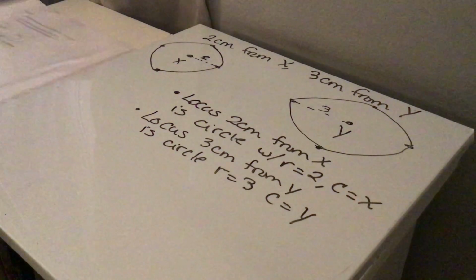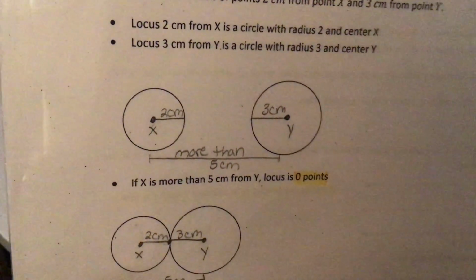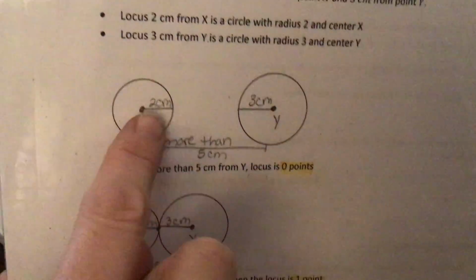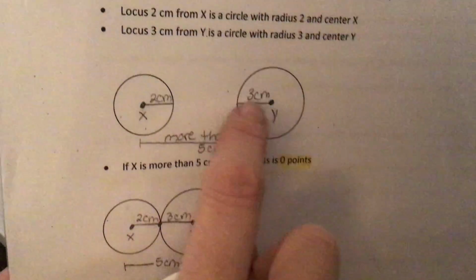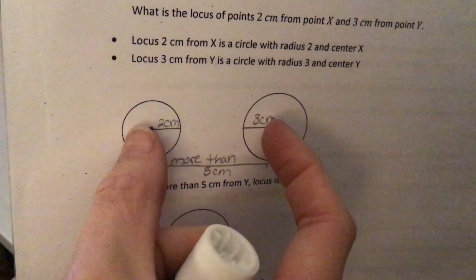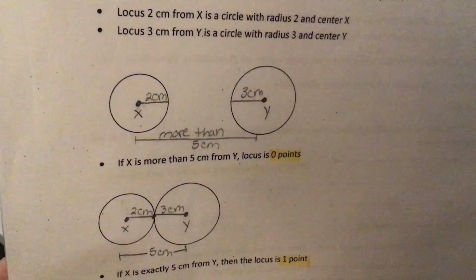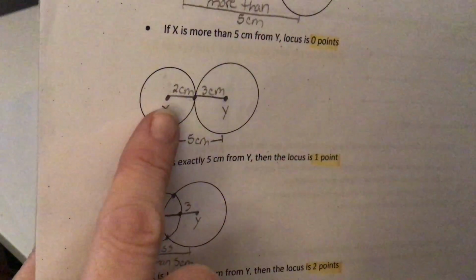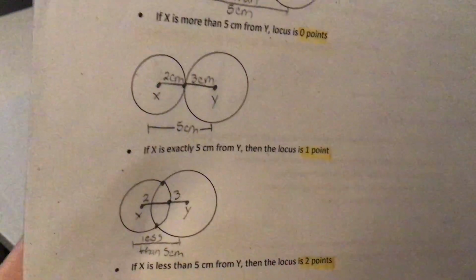So when you look at your notes, if X and Y are more than 5 centimeters apart, right, because here's 2 centimeters, here's 3 centimeters, so that means that these are more than 5 apart here, you have no points in your locus. But if X and Y end up being exactly 5 centimeters apart, right?